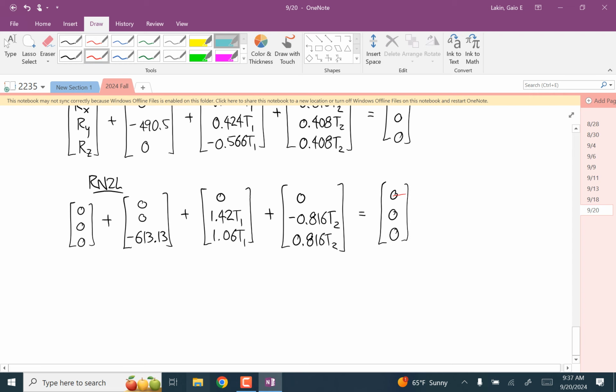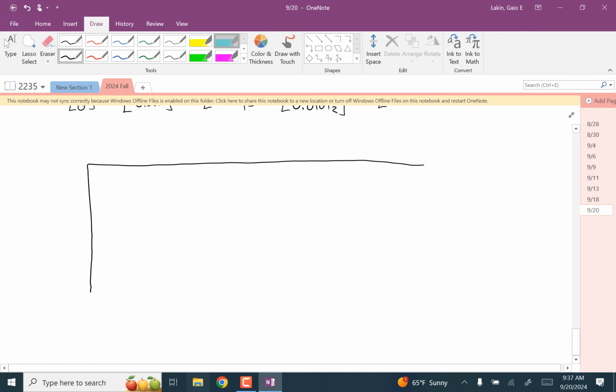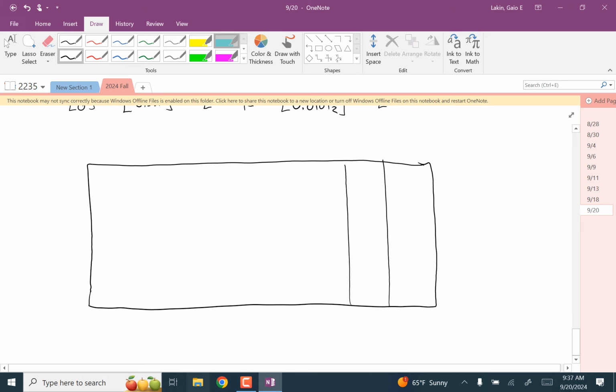And this X equation doesn't give us any information. So now we're going to have a matrix with 5 rows and 6 columns. One, two, three, four, five, six.